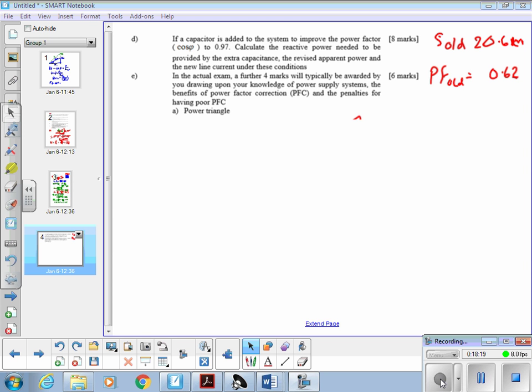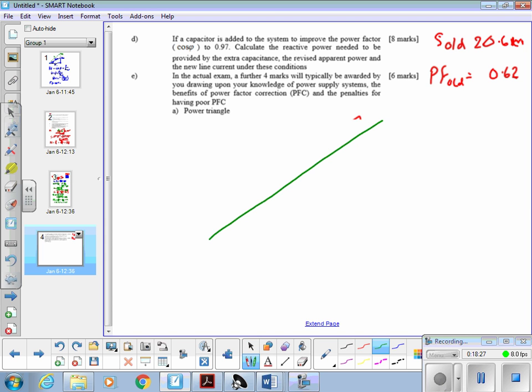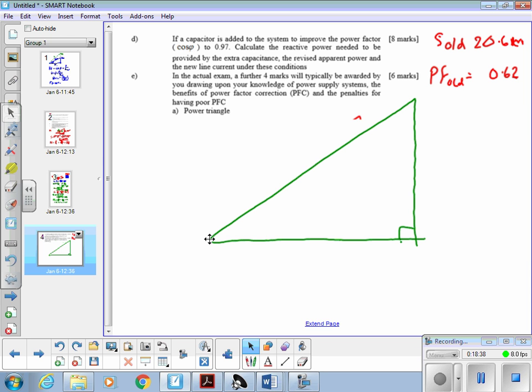Alright? So, what we're saying here then is we originally got a triangle there with Q at, just remind me what that is, gents, please.